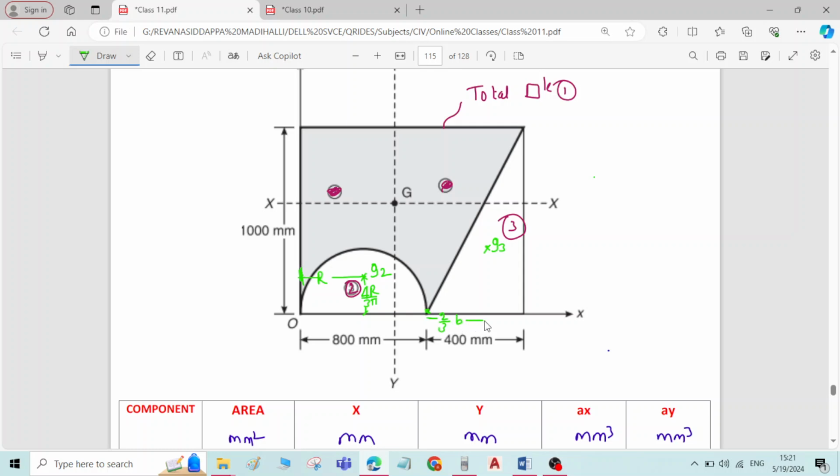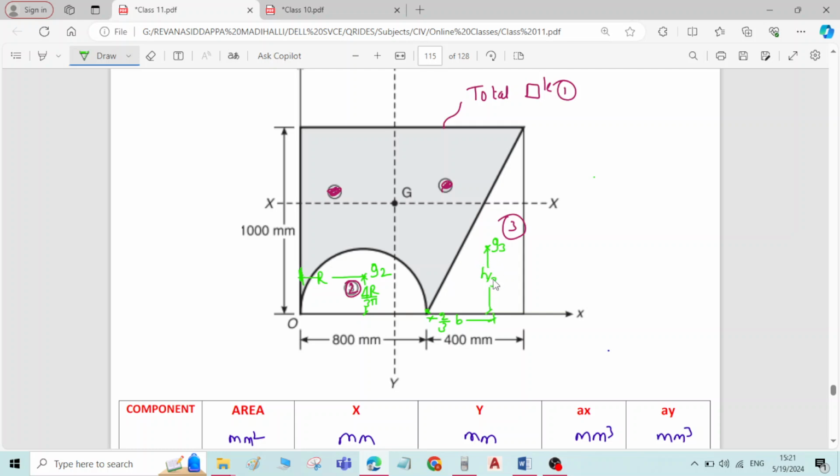And y bar is measured from the line, so it is 1/3 of h, or h by 3.